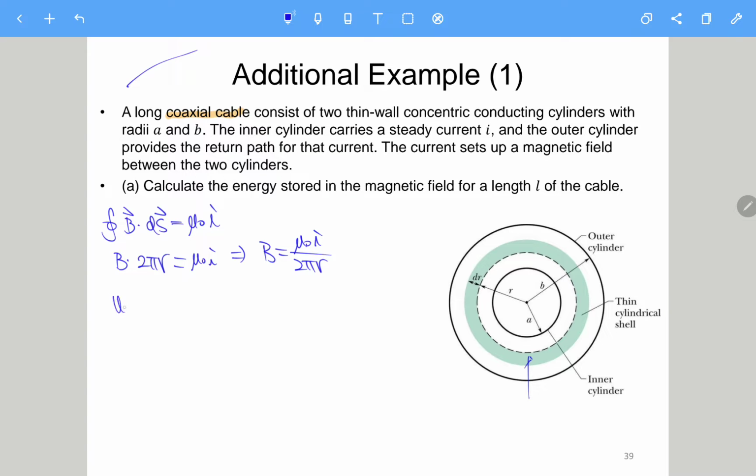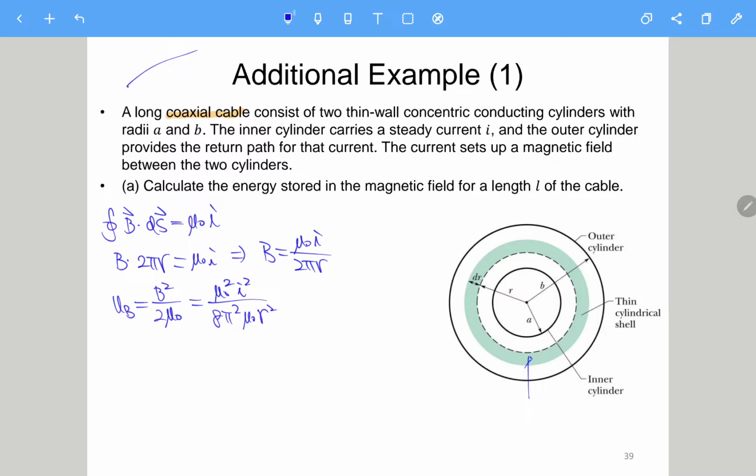And here, the energy density small u_B is B squared over 2 mu naught. So B squared gives mu 0 squared I squared over 4 pi squared r squared, and multiplied by 2 gives 8 pi squared, and then we also have a mu 0 here.